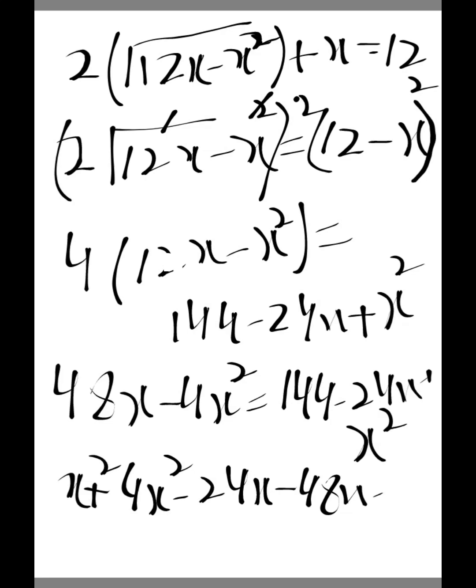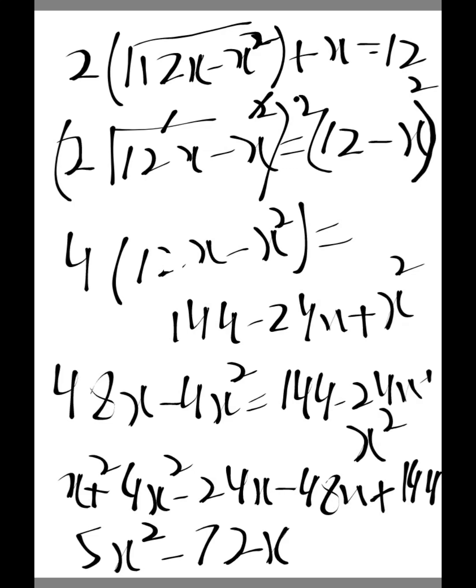Also positive 48x will be negative here, and positive 144 will be the same. So 5x square, and the sum of 24 and 48 will be 72, so negative 72x plus 144.